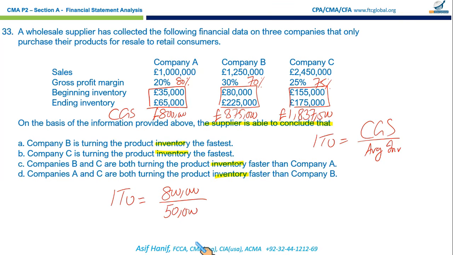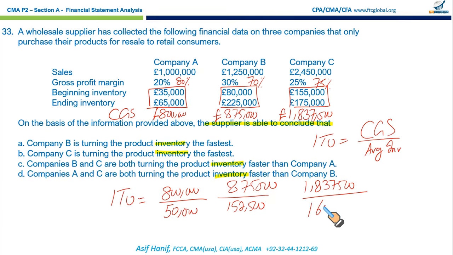For B, pretty straightforward questions, more computational, but perfectly manageable. 875,000 divided by the average figure, 80 plus 225 over 2, 152,500. And last, CGS 1.8375 million divided by 165, 330.